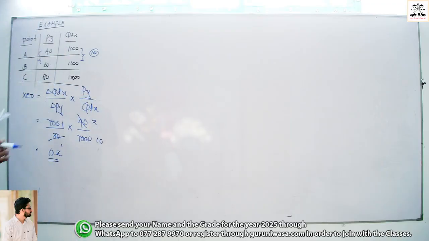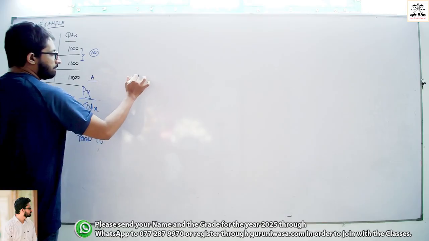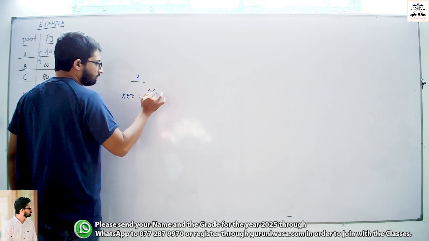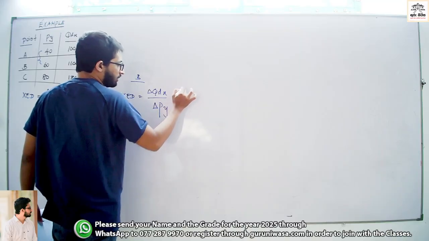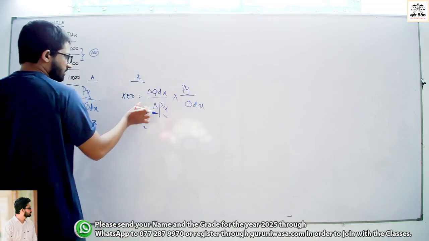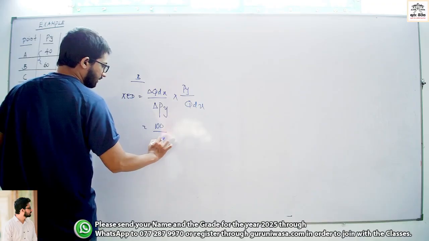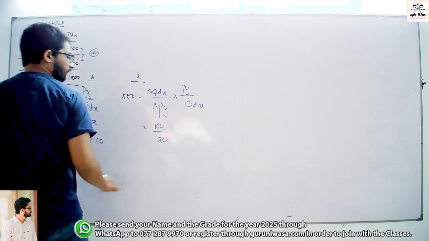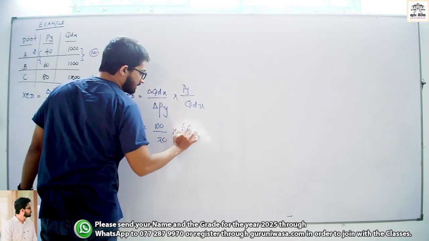Okay, second one, this is point A. Next one, XED at point B. Same equation, XED equals delta QDX divided by delta PY into PY divided by QDX. Here the difference does not change. This part is same: 100 divided by 20, change in QDX 100, change in price 20, into, I'm calculating XED at point B. At point B, price is 60.